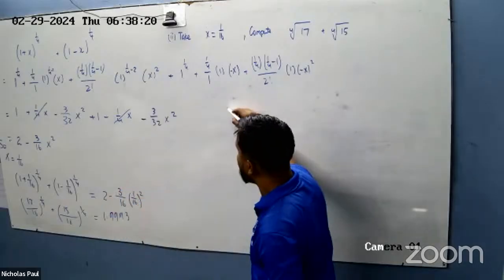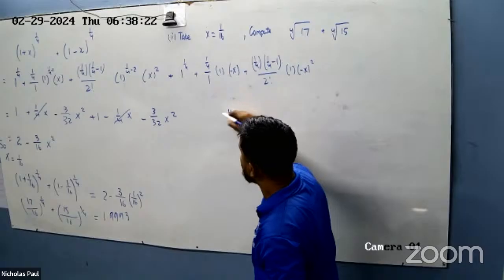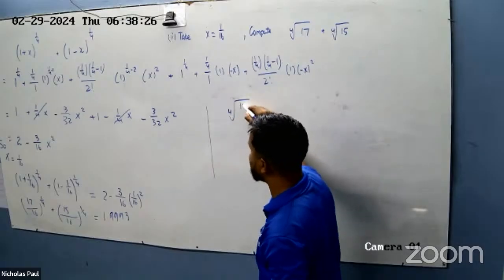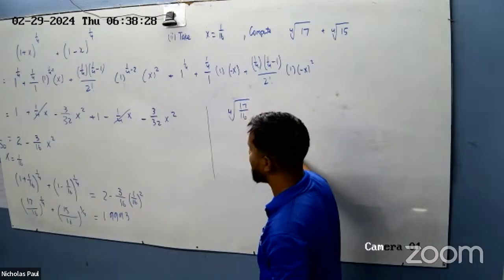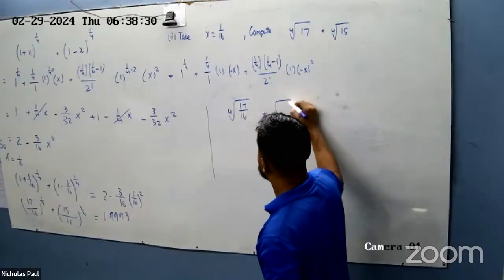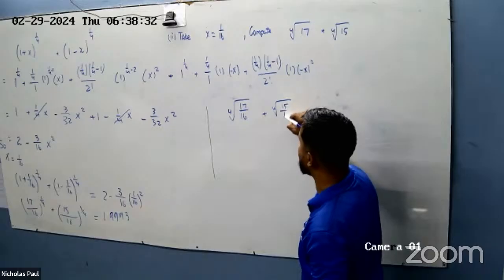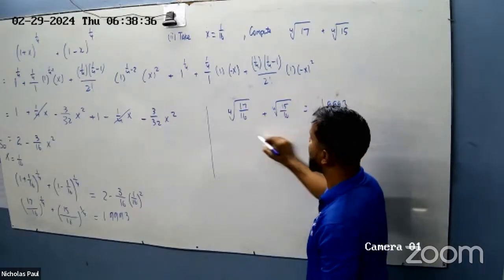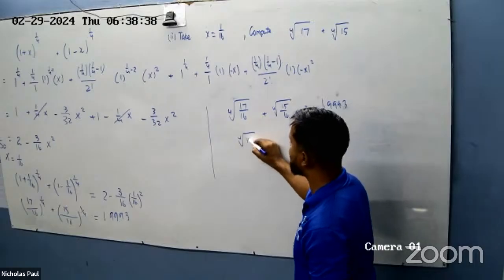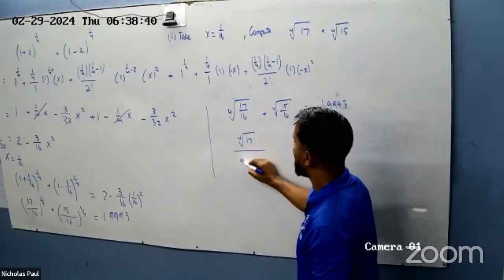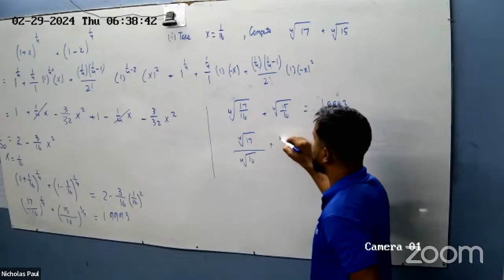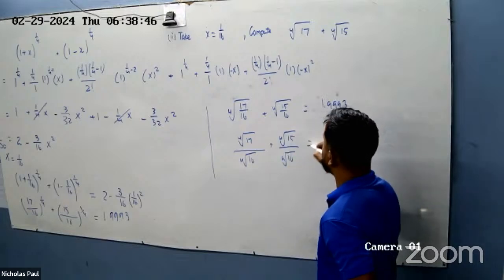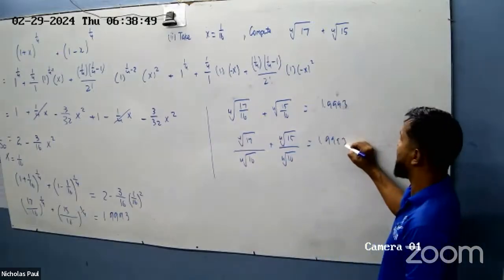The left side will be the 4th root of 17 over 16 plus the 4th root of 15 over 16 is equal to 1.9993. This is the 4th root of 17 over the 4th root of 16 plus the 4th root of 15 over the 4th root of 16 is 1.9993.